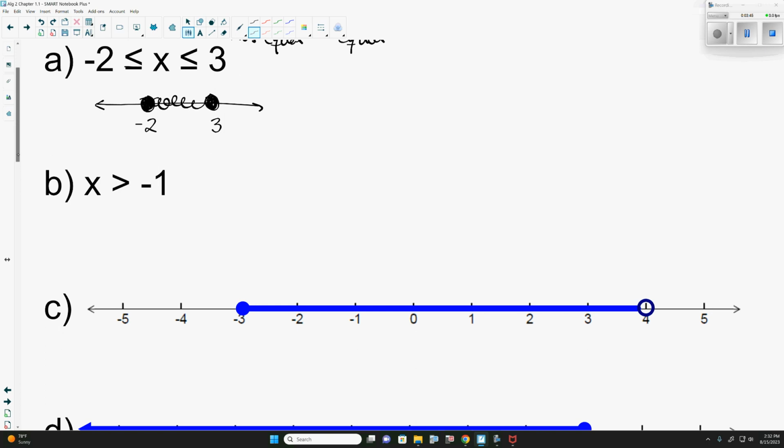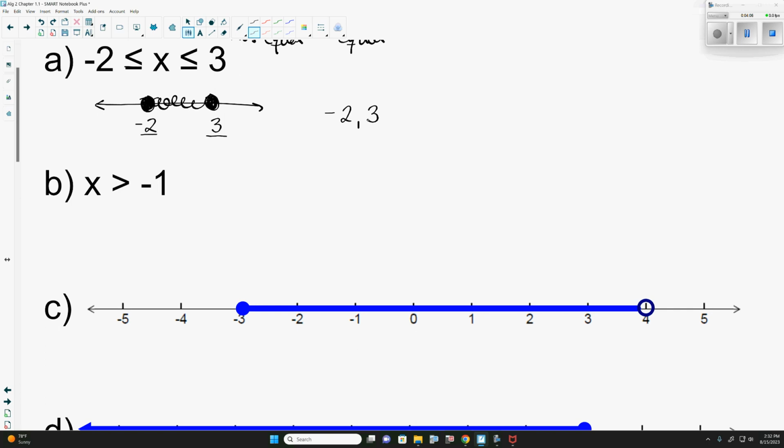Now, if we write it in interval notation, we need our two endpoints. So we're saying it's going from -2 to 3. Now, we are missing one piece because we need the parentheses and or brackets.